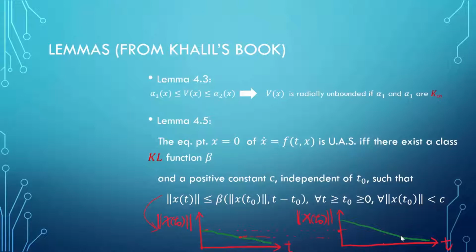You pick an initial condition constant and increase time, so this plot is this configuration along this 2D plane. So what this lemma says is, given some initial condition, it always decreases with time, and eventually the norm of x(t) will go to 0, and this initial condition is the norm of x(t0).